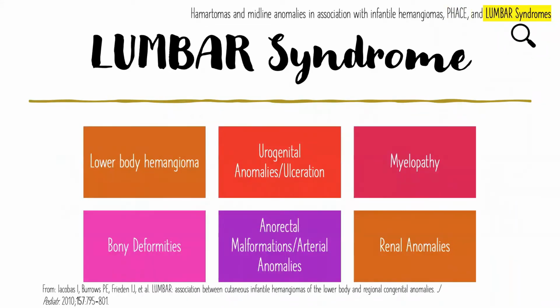Last, let's talk about and define LUMBAR syndrome. LUMBAR, which is also sometimes called PELVIS or SACRAL syndrome, is another syndrome that can be diagnosed in newborns who have an infantile hemangioma and a midline lesion.